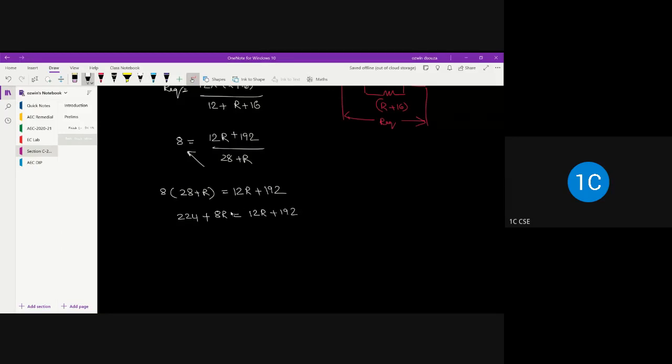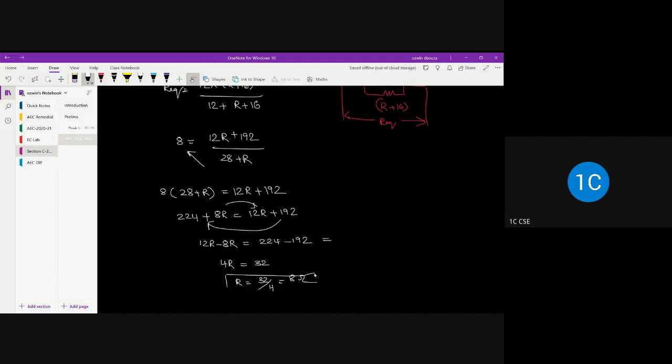So keep the like terms together. Let me keep R terms on the right hand side and the constants on the left hand side, or vice versa, doesn't matter. So I have 12R minus 8R is equal to 224 minus 192. 12 minus 8 is 4R is equal to 32. So R is equal to 32 by 4, or 8 ohm.